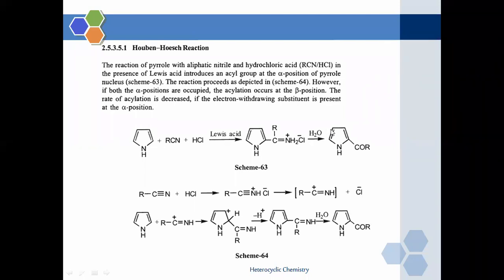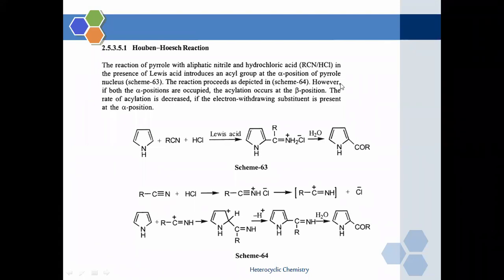The rate of acylation is decreased if the electron withdrawing substitution is present at the alpha position. When these two positions, that is carbon number 2 and carbon number 5, are blocked, then only the acylation will happen at beta position, that is carbon number 3 and 4, but it is decreased if the electron withdrawing substitutions are there at carbon number 2 and carbon number 5 position.